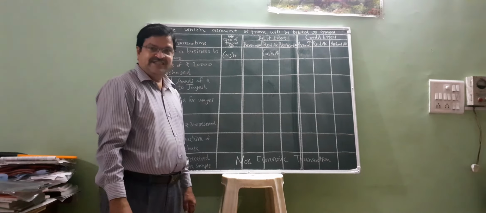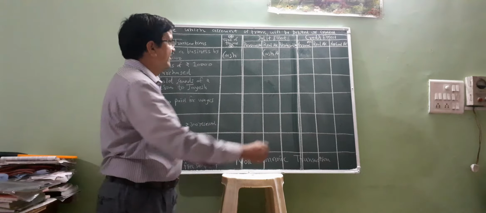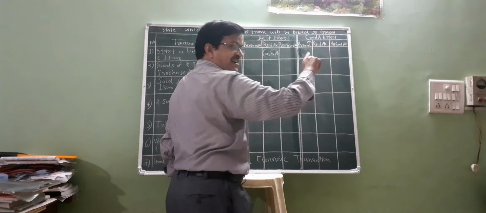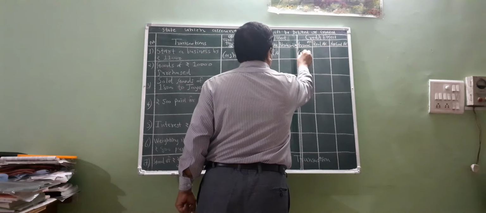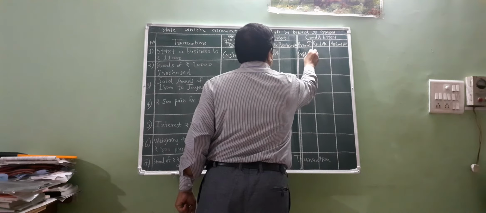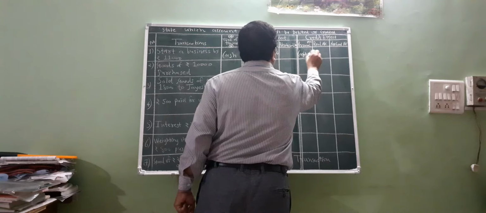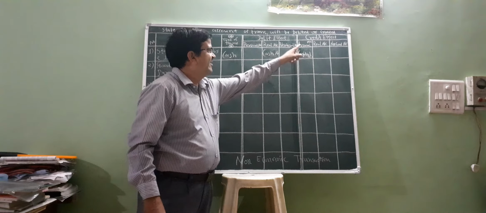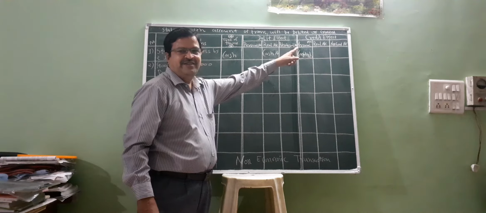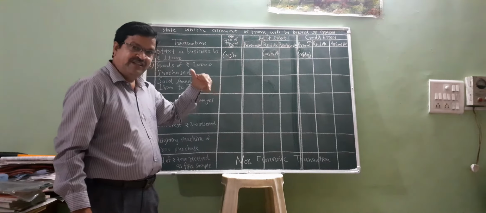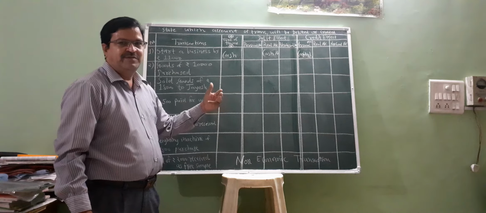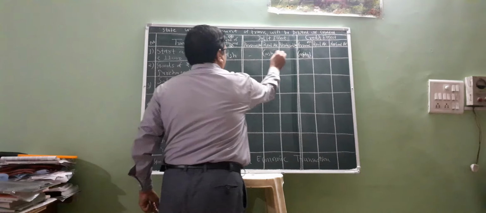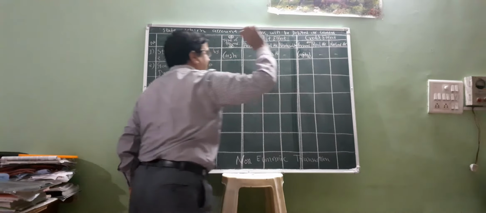The giver is the owner, so the second account is capital account, a personal account: credit the giver, so capital account credit. So the entry is cash account debit to capital account credit. This is the procedure to prepare this table. These you have to keep empty.